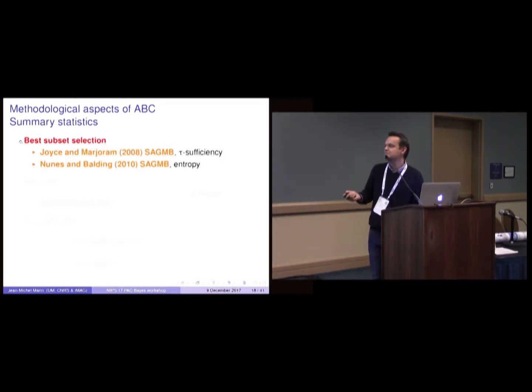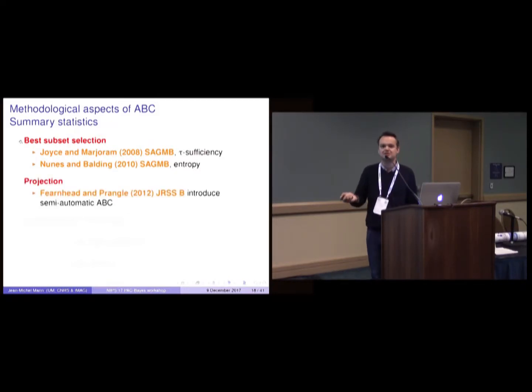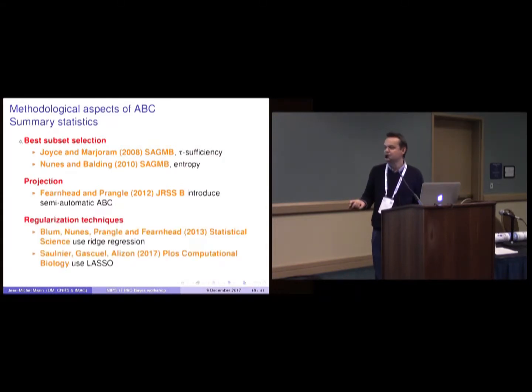So there is a best subset selection method, which is based on criteria like tau sufficiency or entropy. There is some projection method, the semi-automatic ABC method of Fearnhead and Prangle in JRSSB, which is a discussion paper. And you have also some regression techniques, ridge regression for Blum and co-authors, and Lasso for Saulnier and co-authors here.